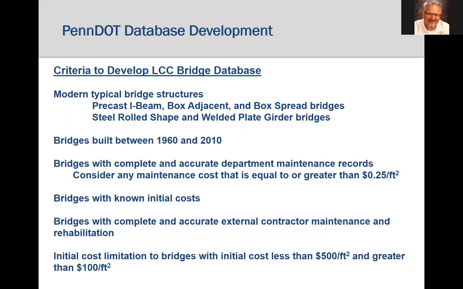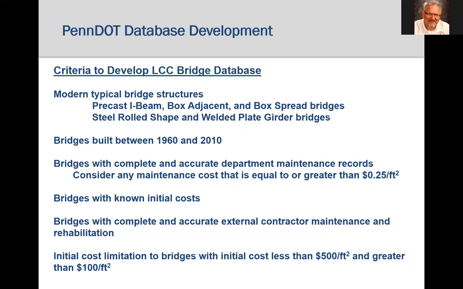In addition, precast concrete became a mainstream construction method, and modern steel design and detailing started, in about 1960, so it was limited to bridges that were built after 1960 and before 2010.